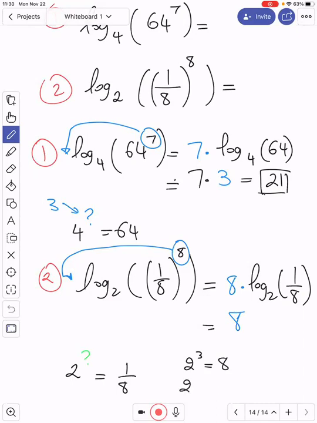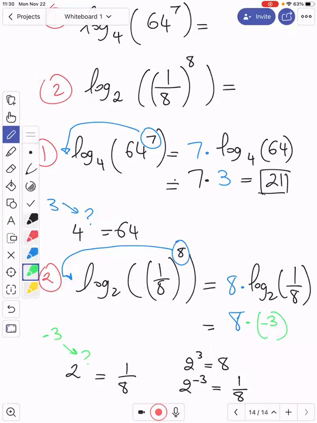It's 2 to the power negative 3 that will be 1 over 8. So the answer for this is negative 3. We need to multiply the 8 by the negative 3.